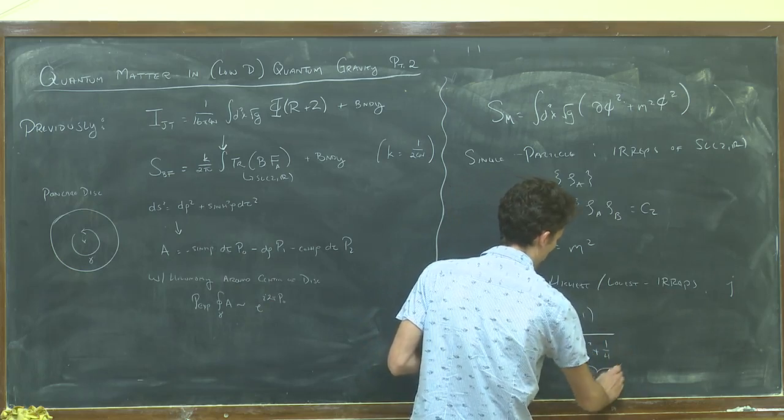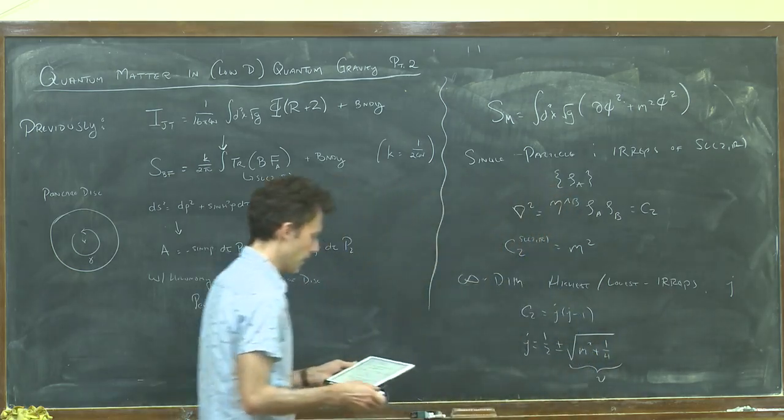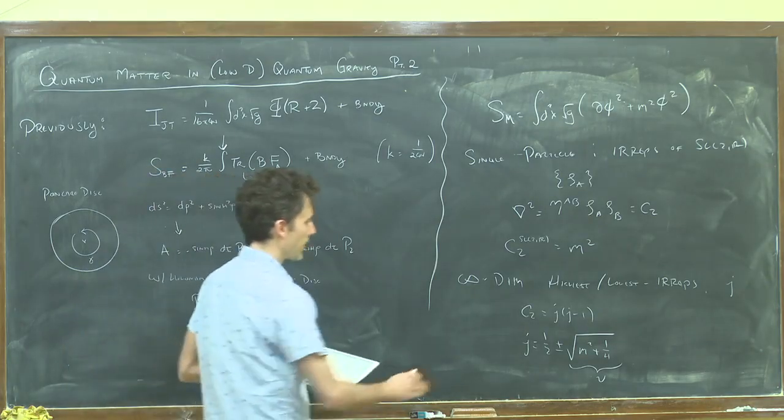And I'll often call this quantity here nu. Okay, so far we have 2 branches for this J.